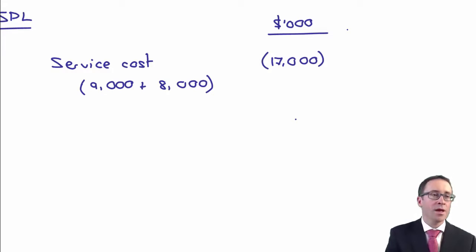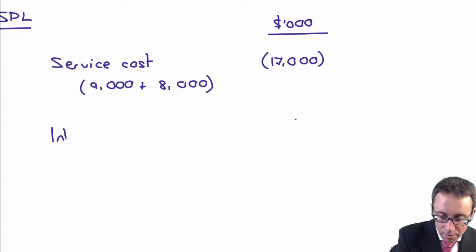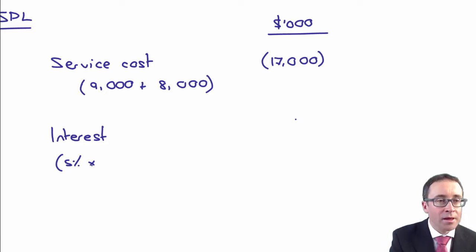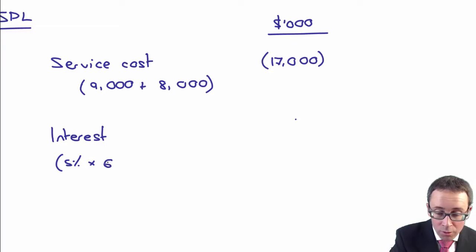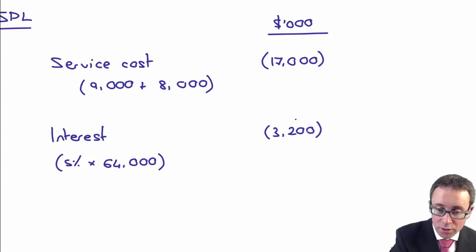There we go. You'll see in a moment why we've changed it up, because you've got your interest expense, which is 5% of the opening liability, which was 64 million. Make sure you get it the right way round. So that's 3,200, isn't it?